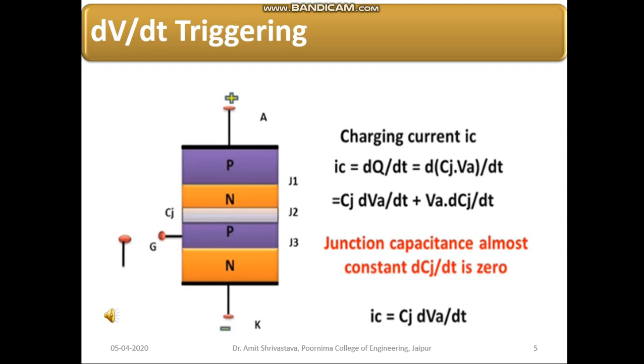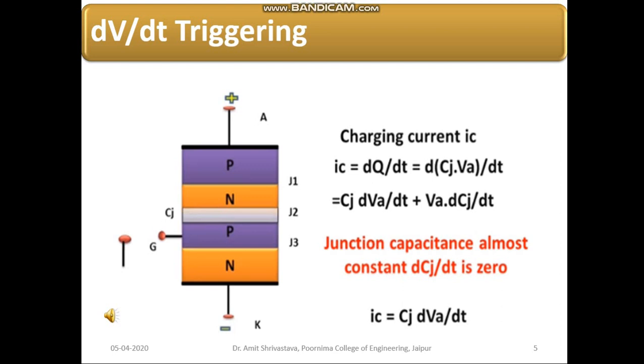This reverse biased junction J2 has the characteristics of a capacitor due to charges existing across the junction. In other words, space charges exist in the depletion region near junction J2 and therefore junction J2 behaves like a capacitance.